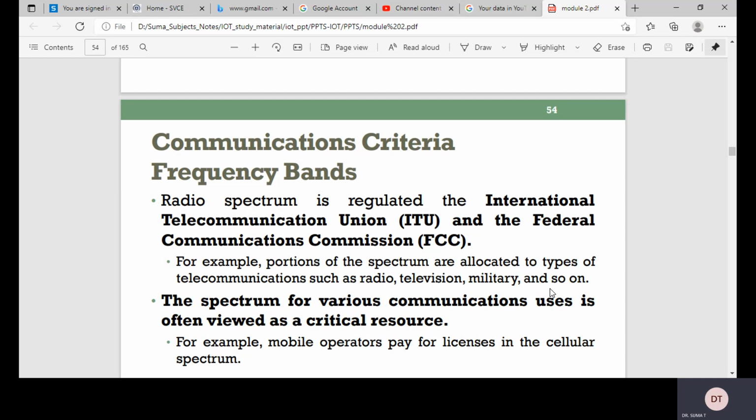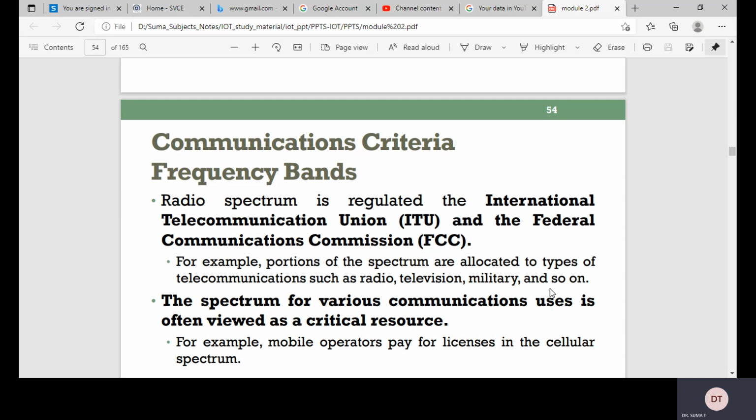When you take frequency bands, those are different ranges. Radio spectrum is regulated by countries under organizations such as the International Telecommunication Union, ITU, and the Federal Communications Commission, FCC. These two groups define the regulations and transmission requirements for various frequency bands.